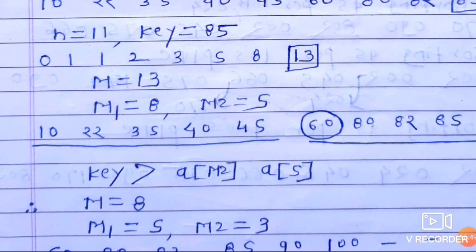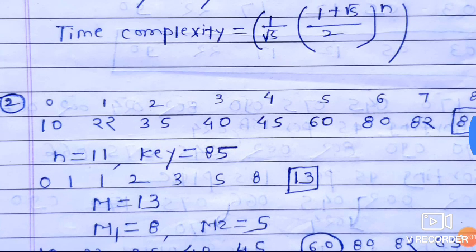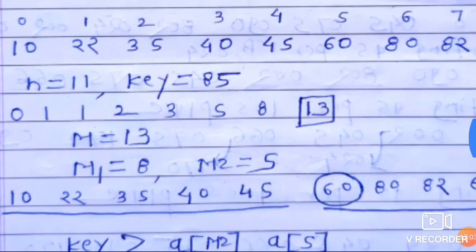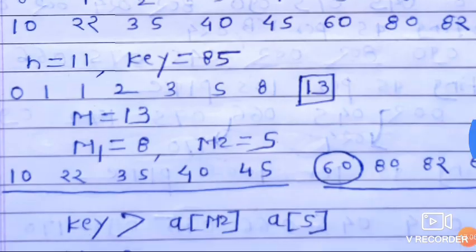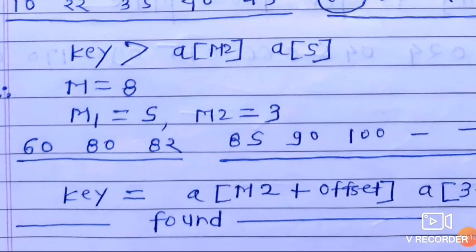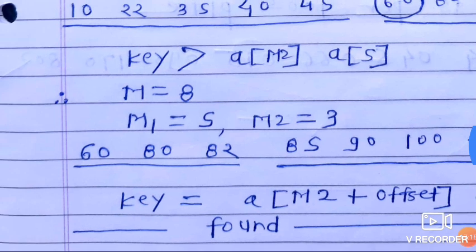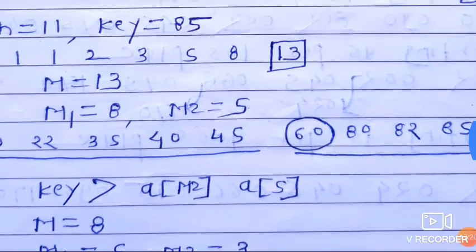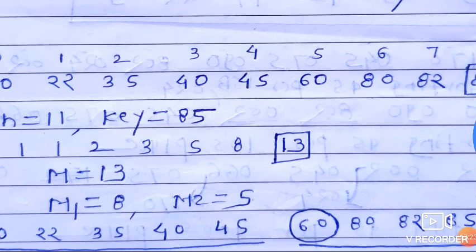As key is greater, I already have told we have to update m as m1. Previous m1 value is 8, therefore m equal to 8. As m equal to 8, preceding values of 8 are 5 and 3. m1 equal to 5, m2 equal to 3. Again we compare key with a of m2 plus offset. m2 value is 3 and offset is the index of 60, and index of 60 is 5.